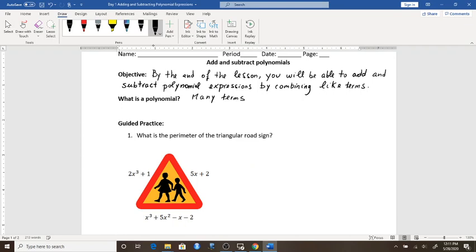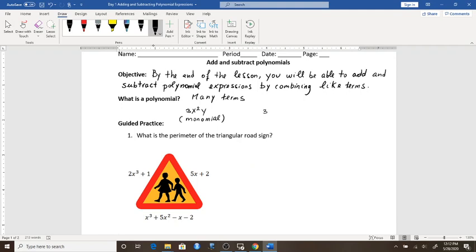If I have something like 3x squared y, this is a monomial, because it's made up by the product of variables like x and y, and there is a number in front. There is no plus, there is no minus, so this is a monomial. Monomial means a single term, okay?